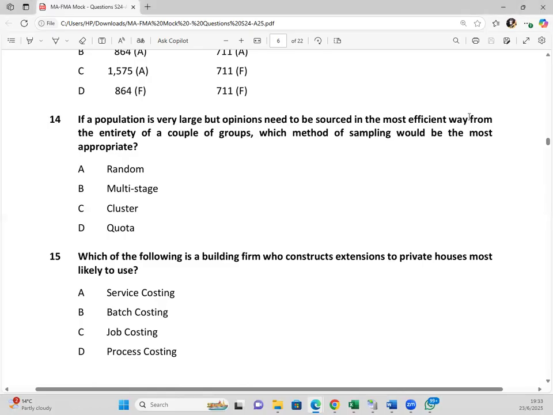I think the English there is a bit tricky. So from the way I take it, we want to ask the whole group. The population is large, but we want to ask the whole group.